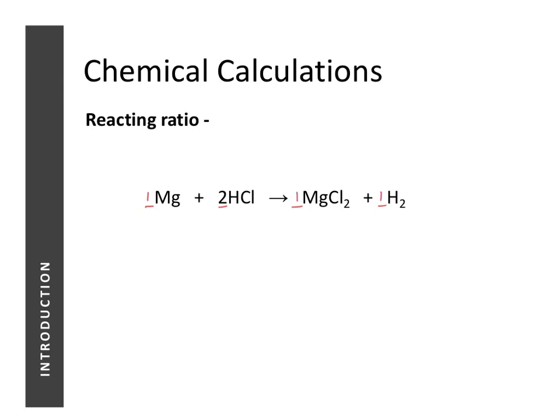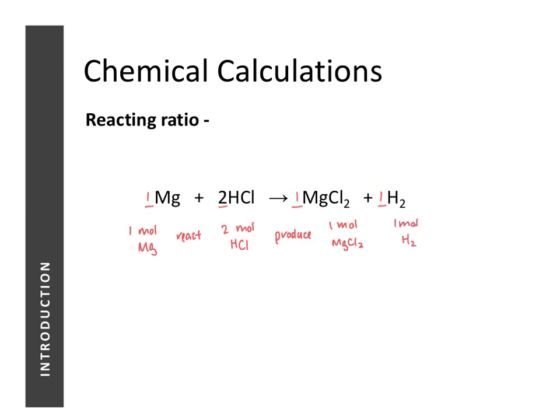So what do the numbers tell us? The numbers tell us the ratio in which the substances react. What do I mean by that? From the balanced equation, I can tell that 1 mole of magnesium will react with 2 moles of hydrochloric acid. And when 1 mole of magnesium reacts with 2 moles of hydrochloric acid, it will produce 1 mole of magnesium chloride as well as 1 mole of hydrogen gas.